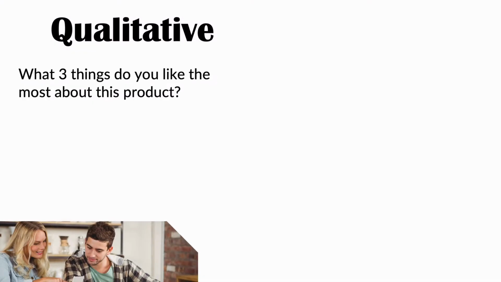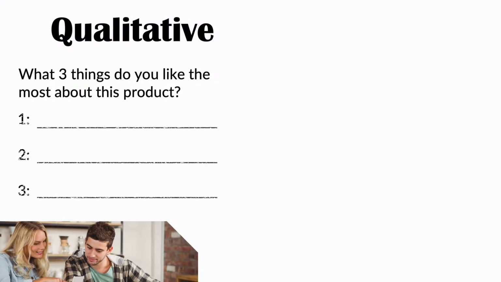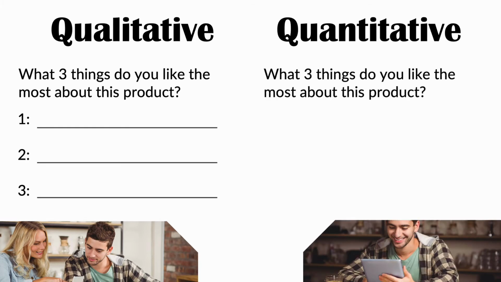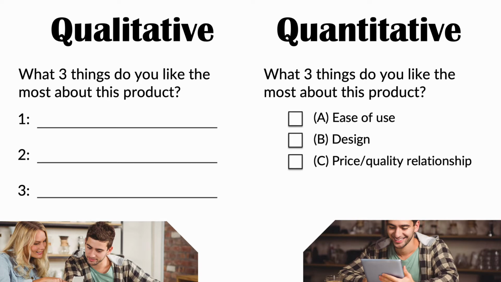As an example, while for a qualitative study, we might ask, what 3 things do you like the most about this product? And leave it at that. For a quantitative study, we might ask, what 3 things do you like the most about this product? A, ease of use, B, design, C, price-quality relationship, D, whatever makes sense, etc., etc.